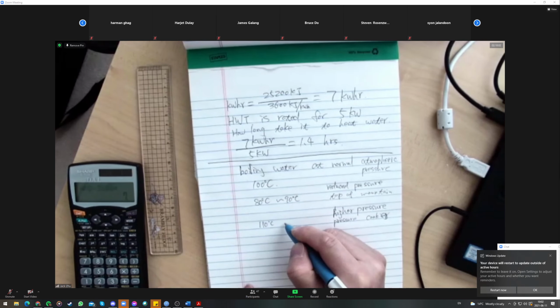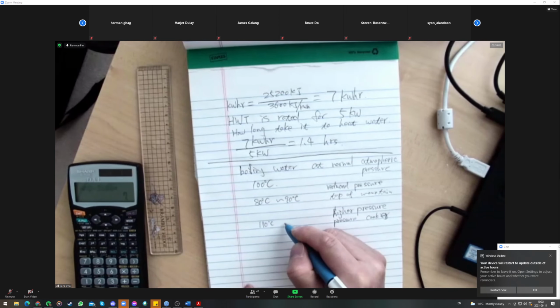The heat pump is trying to use these features. The heat pump, one thing is the latent heat of vaporization.